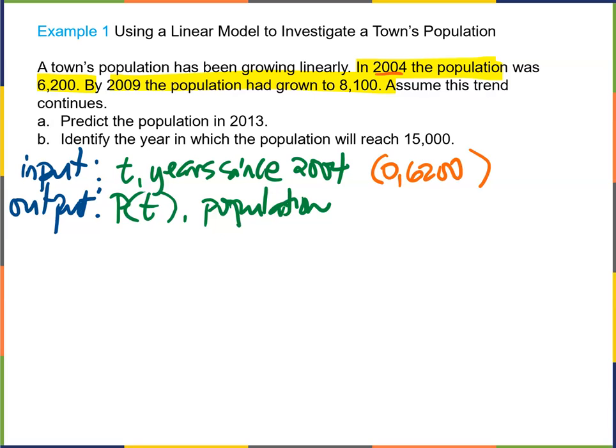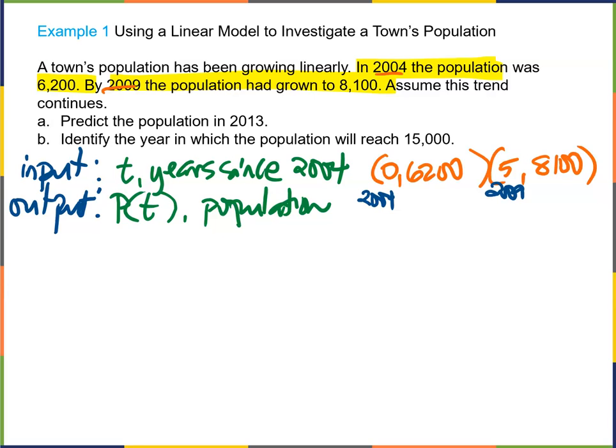And the other one, by 2009, so from 2004 to 2009, that is 5 years, and the population had grown to 8,100. It would be better if we use 0, and with this, now you're going to have your y-intercept.